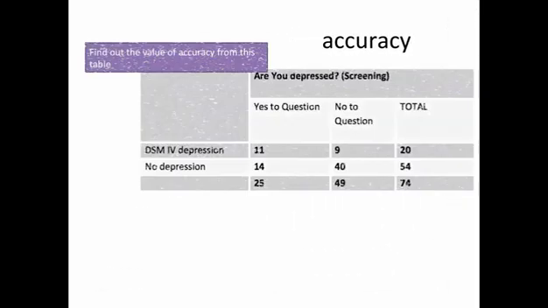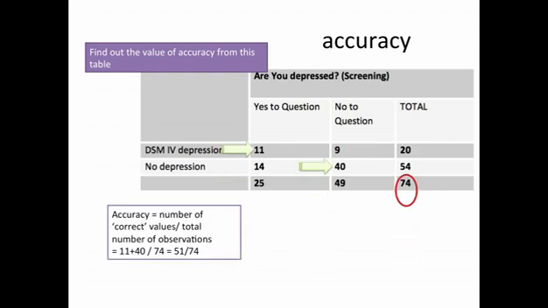This is another example. From this table, calculate the value of accuracy. Accuracy is calculated using the diagonal. It's the number of correct values divided by total number of observations.